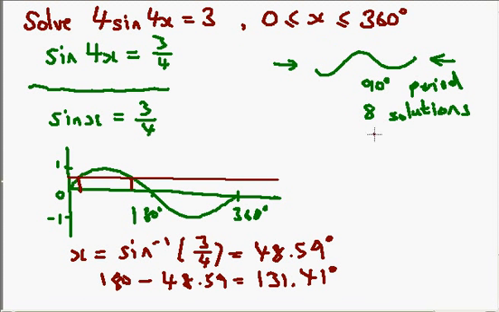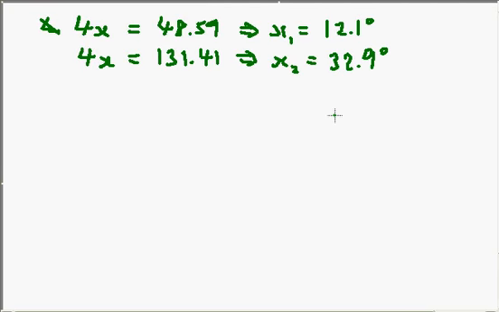Now, if we return to the idea that we've got 8 solutions and the period is now 90 degrees, what I can now do is add on 90 degrees or take away 90 degrees and get the other solutions. If I take 90 degrees from either of these, I will be outside of the 0 to 360 region because I'll go into negatives.